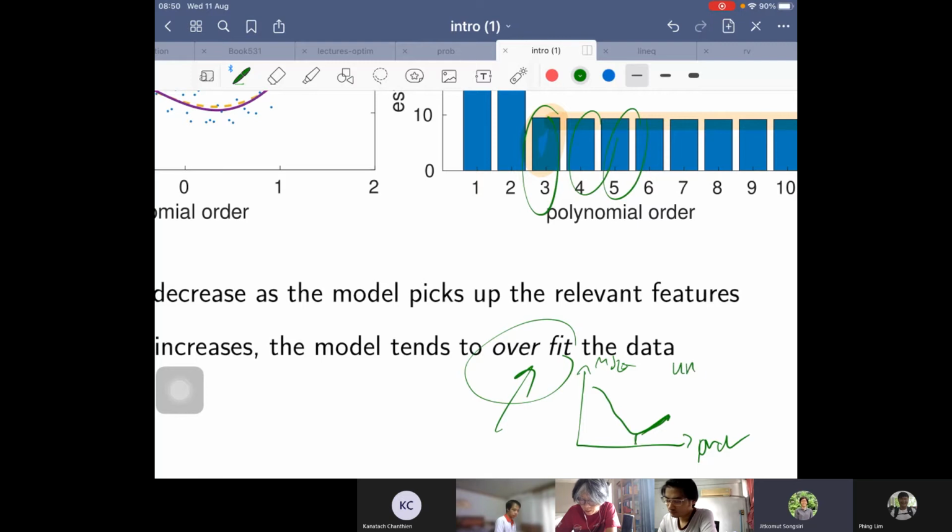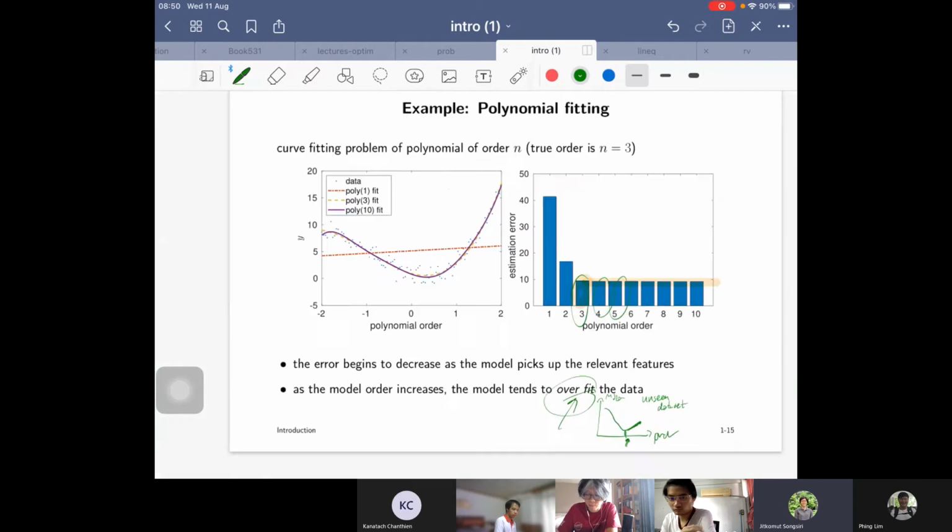This is for an unseen data set. When that happens, these observations suggest that our model is too complex. It tends to overfit the data.